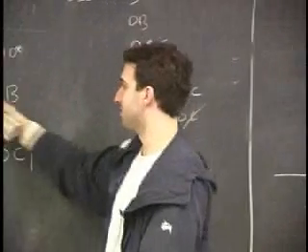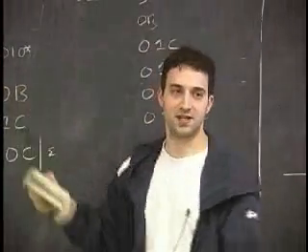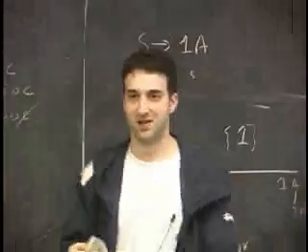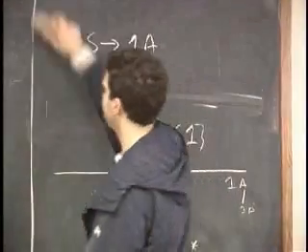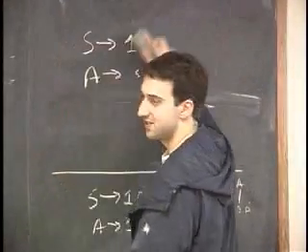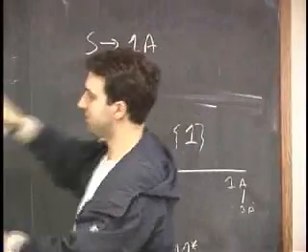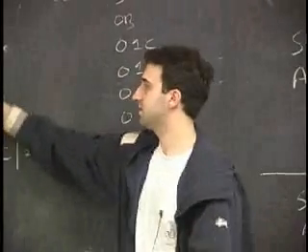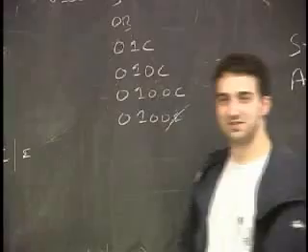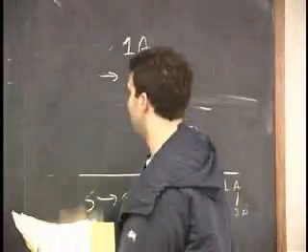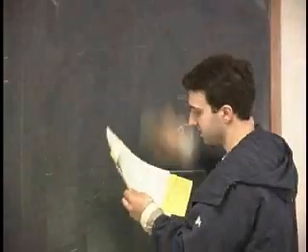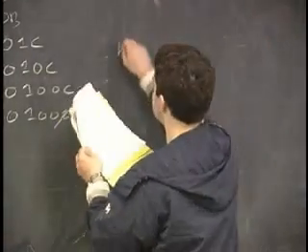Like if we had S goes to 0B1, then we can get 0 to the n, 1 to the n. But we'll talk about that in a bit. So these things are more powerful. If we just do rules like this, where the characters are on the left, then that's just like a regular expression.